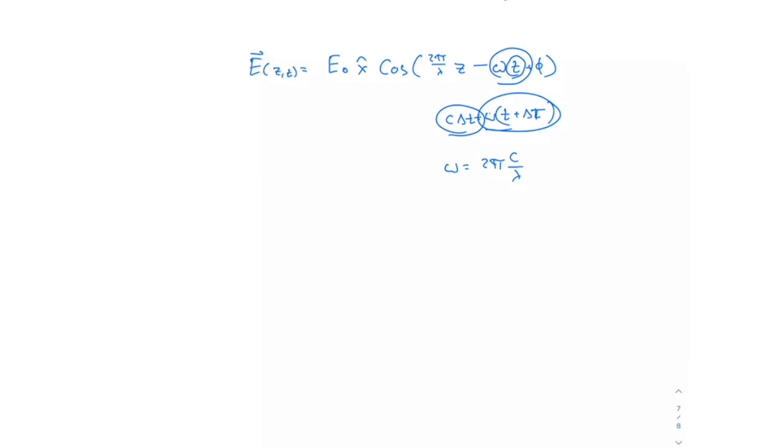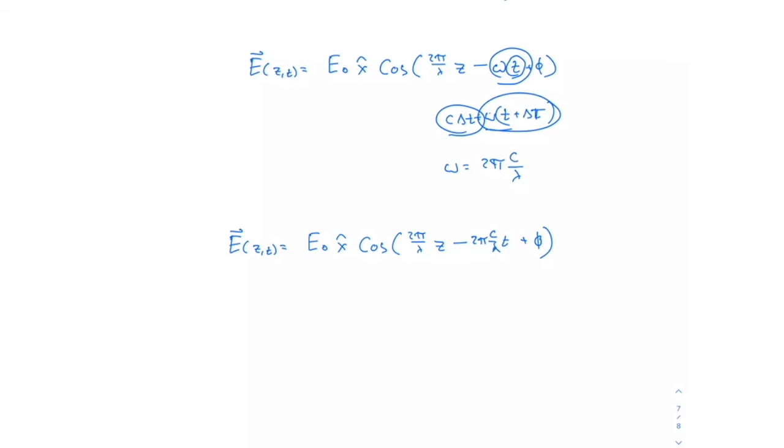So putting all this together, I'm going to plug in for omega 2 pi c over lambda. And so, a little bit messy, clean it up a bit. You should have something that looks like this.